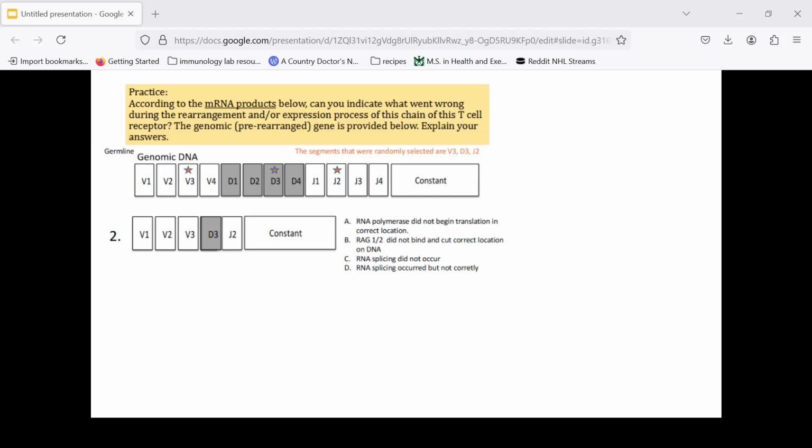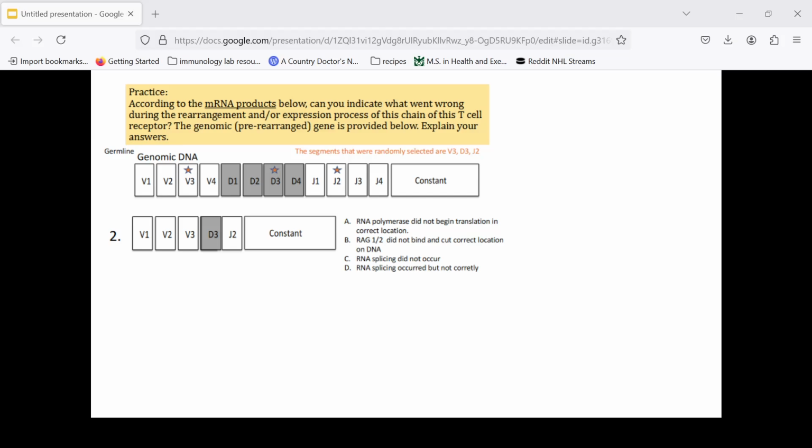Hey, RNA polymerase didn't begin at the correct location. What's that supposed to mean? I think it should be transcription, I could be wrong. Anyway, RNA polymerase didn't start at the correct point.